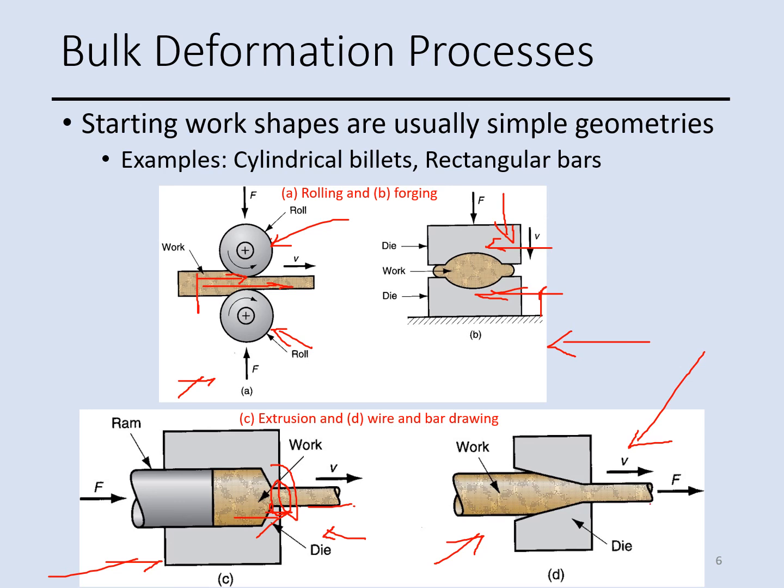The force here, on the right part, is pulling the part, but on the left one, the force is applied to push the part. So that is the main difference between these two processes.